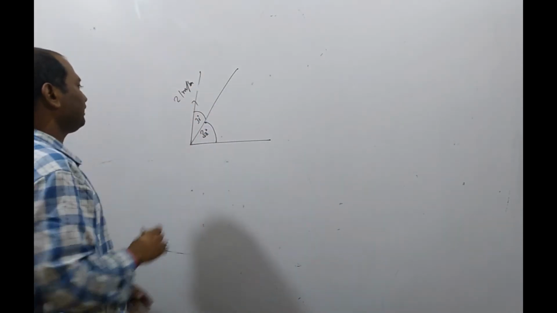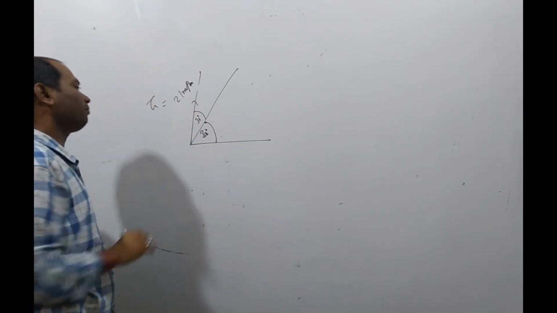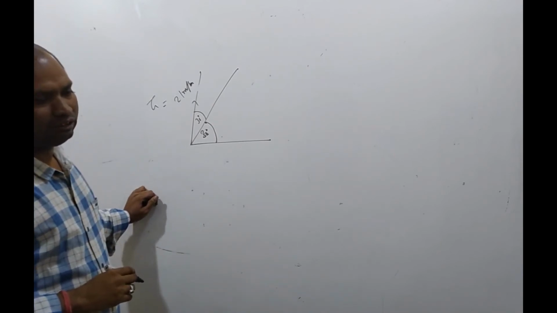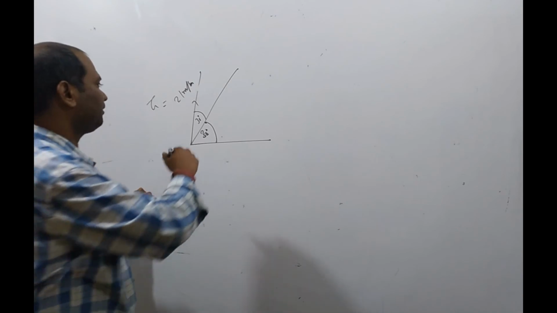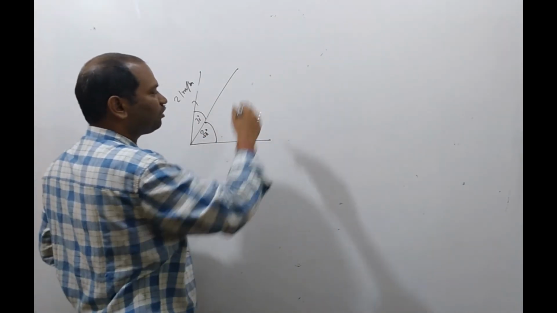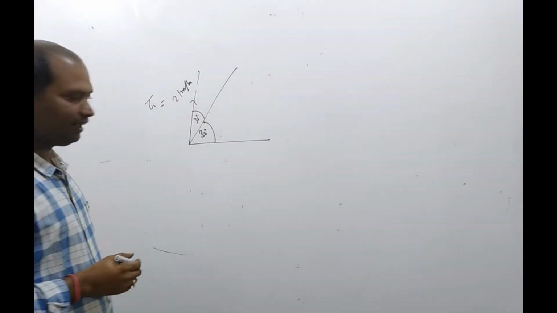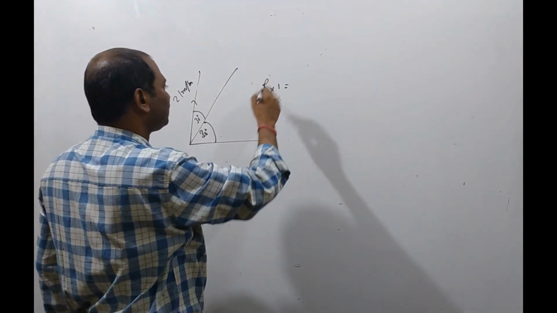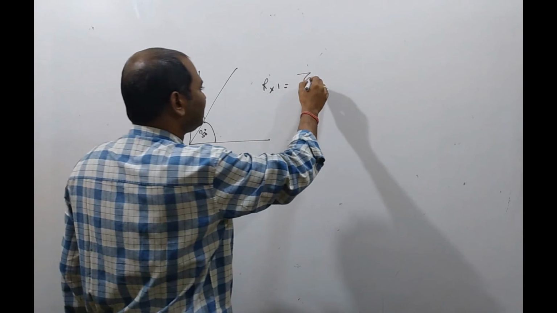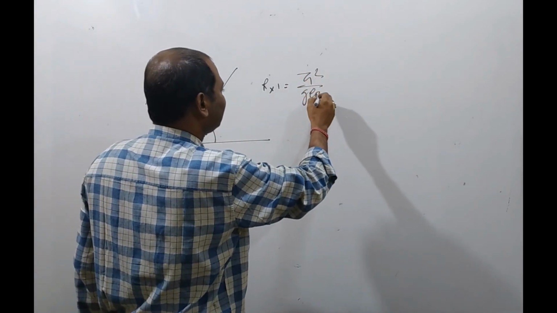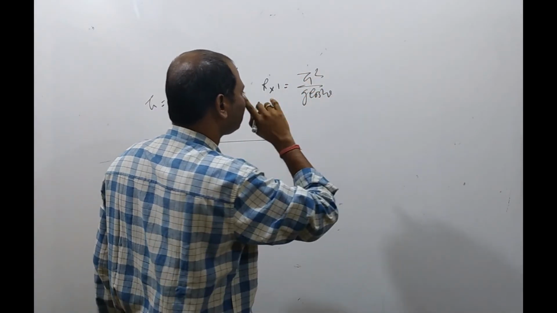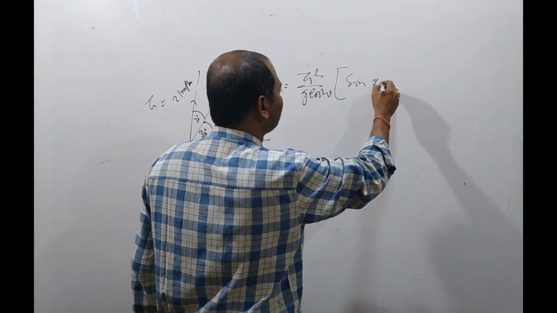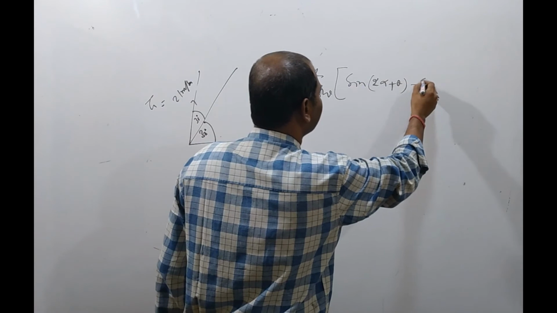That means u is 21 meter per second. Then you have to find the horizontal displacement, that means displacement in OX dash direction. So Rx dash is equal to, directly put the formula, u square by g cos square theta into sin 2 alpha plus theta minus sin theta.